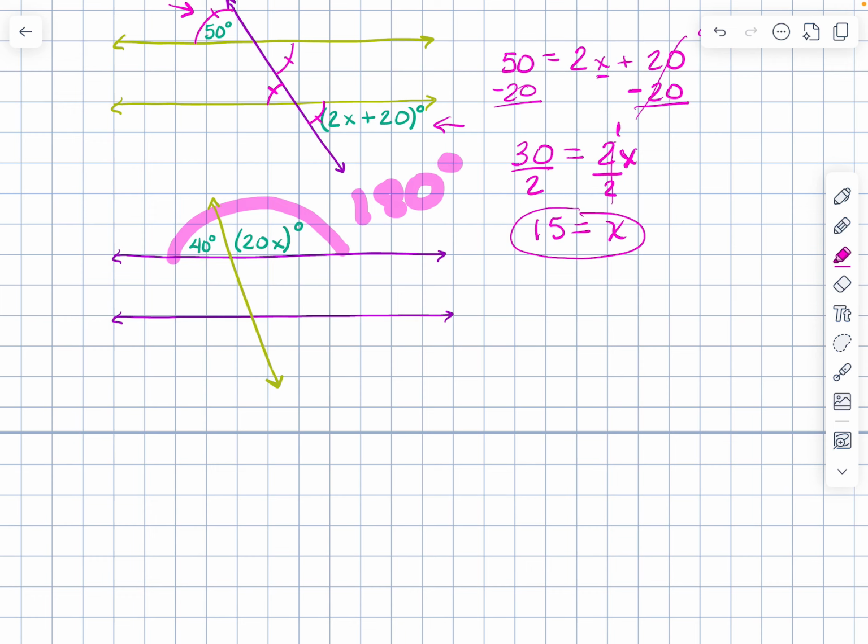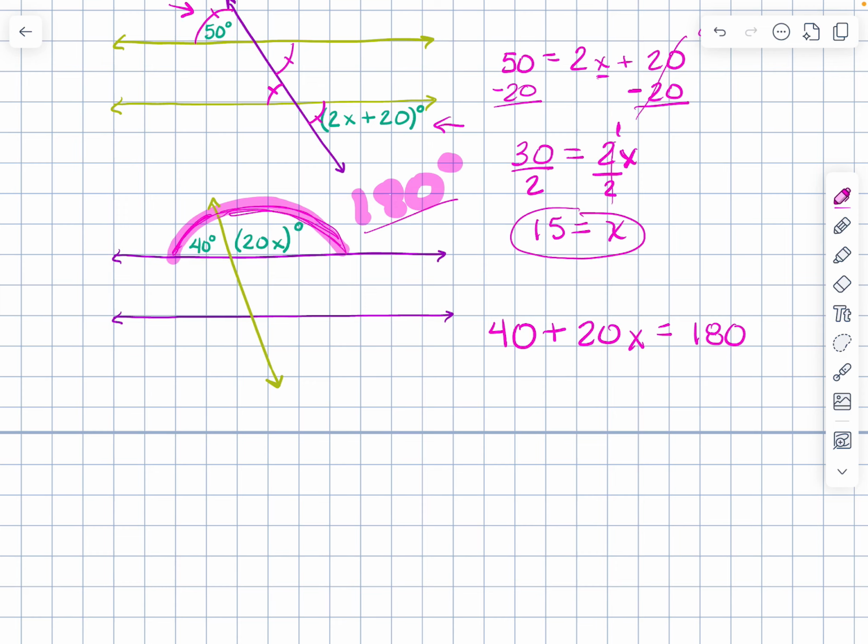So we know then that if we add this 40 degrees here to this 20x degrees, we are going to end up with 180 degrees. So we can set up a problem that helps us solve for x. So we're going to say 40 plus 20x is equal to 180 degrees.